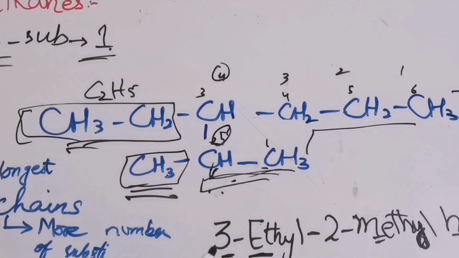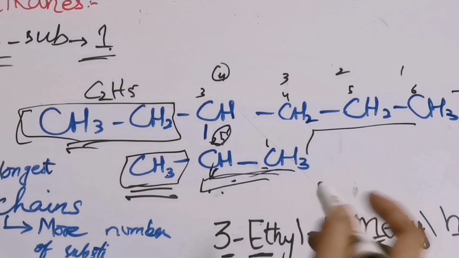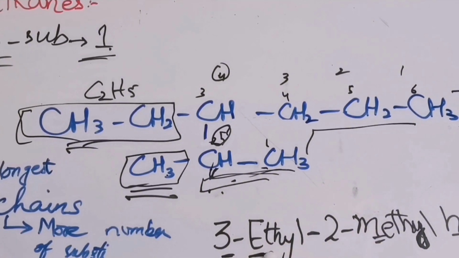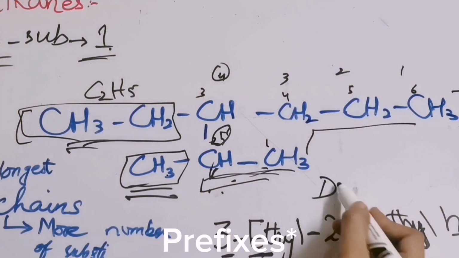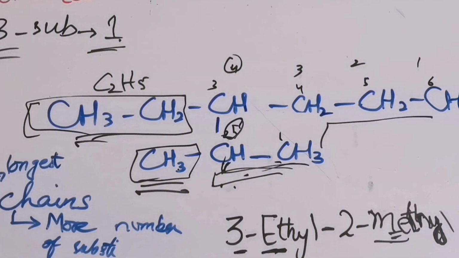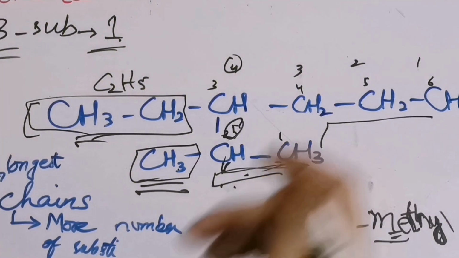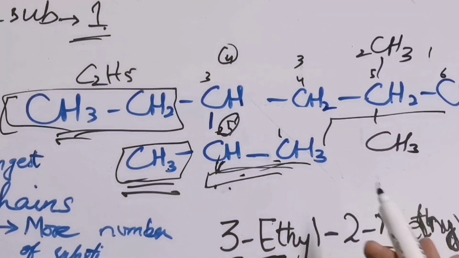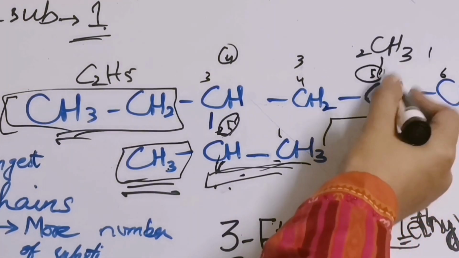Then according to the next rule, if we were having two substituents present, then we would write the names alphabetically. First I wrote the name of ethyl and then methyl, as E comes first and then M comes. Then according to the next rule, if we were having the same substituents present, then we would use the words di, tri. Then according to the next rule, if the same substituents were present on the same carbon, then while writing the name we will repeat the position.